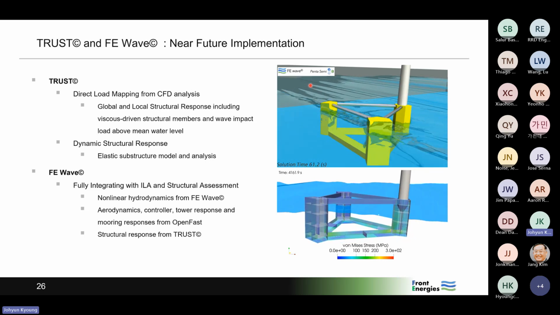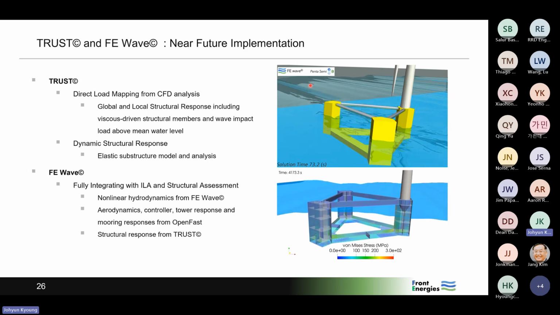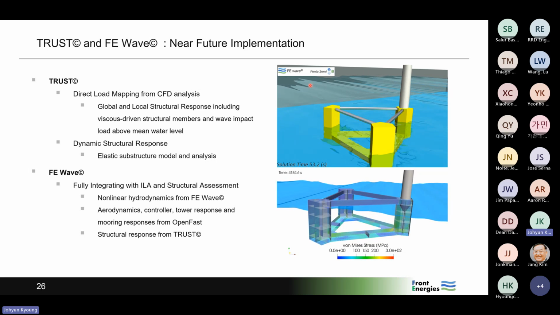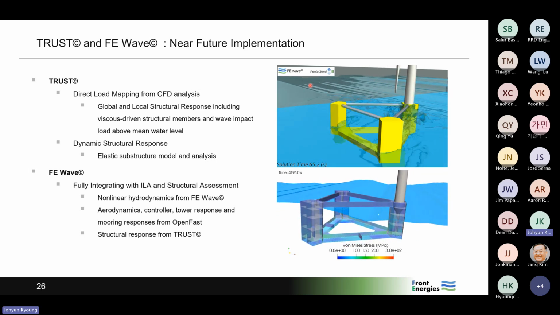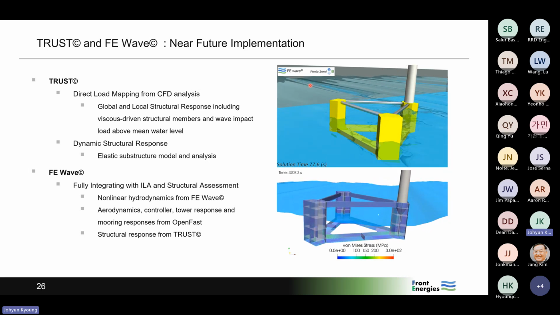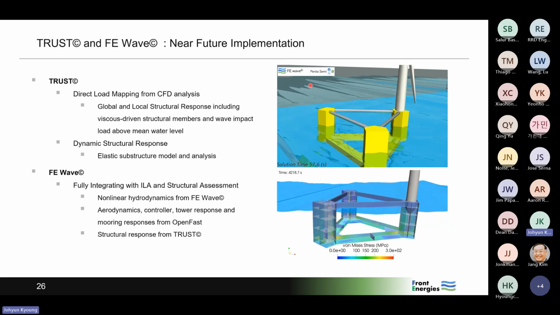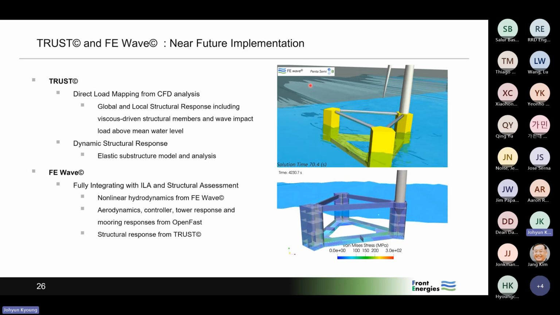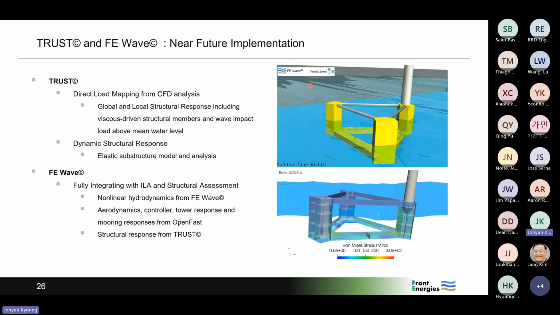When we applied this TRUST package to the previous project, our client kept asking us for some further investigation or further implementation. One of them is drag load mapping from CFD analysis, because some of their client hulls have viscous-dominated structures. With potential-based ILA analysis, the loading estimation has some uncertainties.